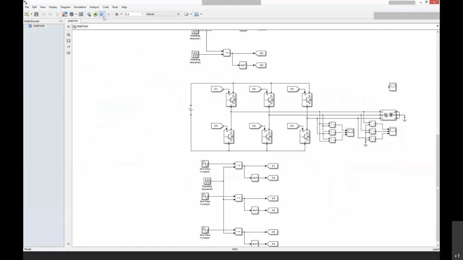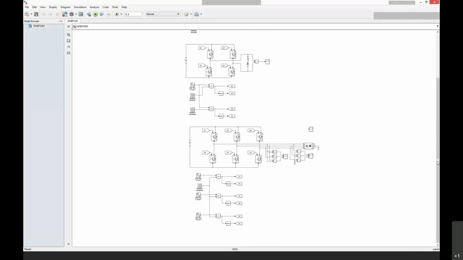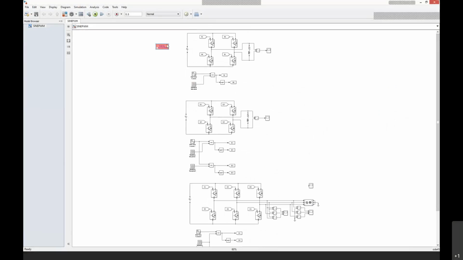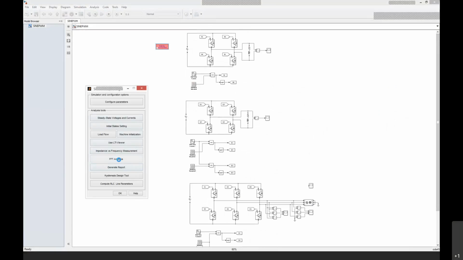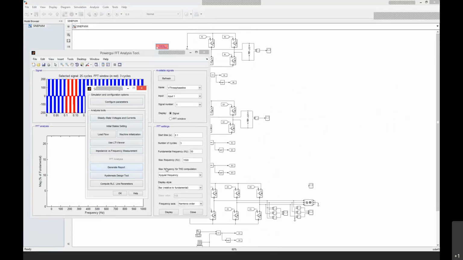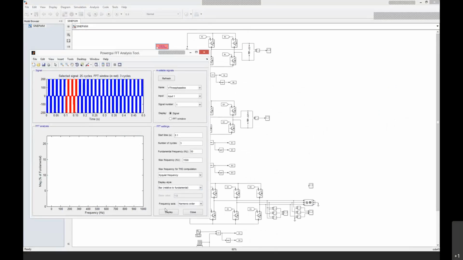And we'll see how that will give. Just increase this maximum frequency.